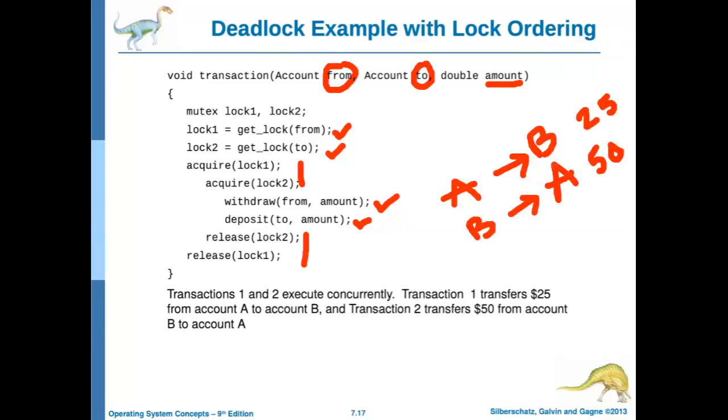Now if these 2 are there, and if we both are calling the same function, something like transaction, now this becomes from, and this account becomes 2, right? So first transaction, it will try to acquire lock on 1, and this lock 1 is what?